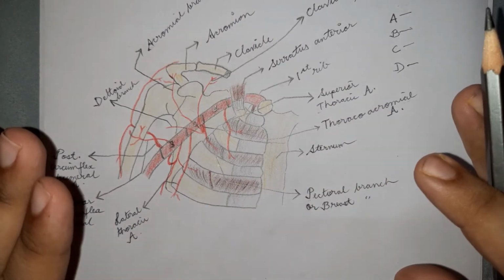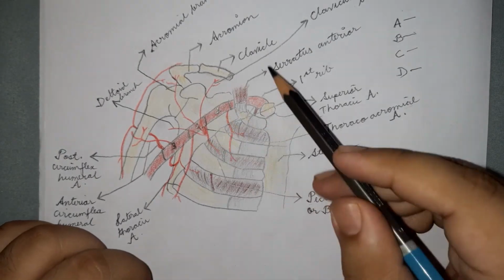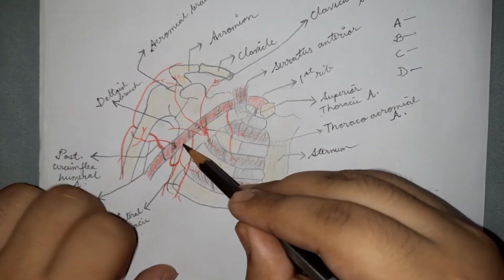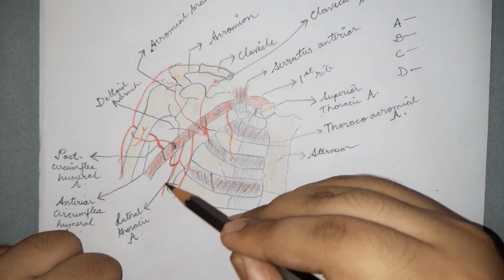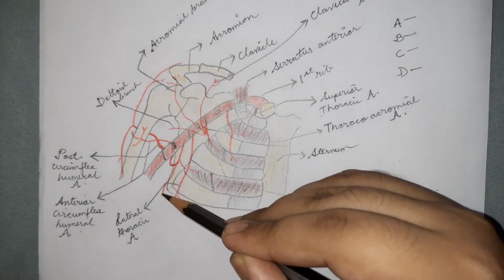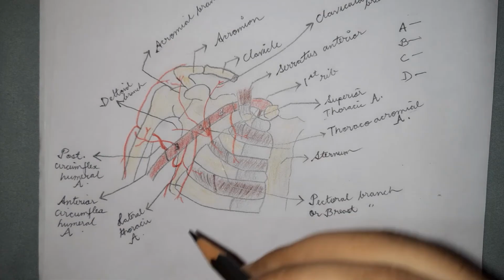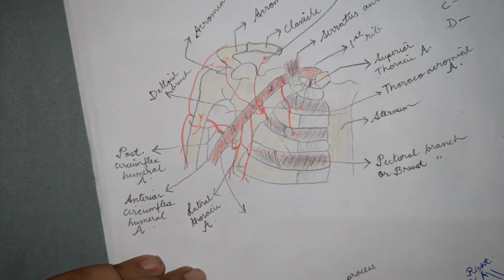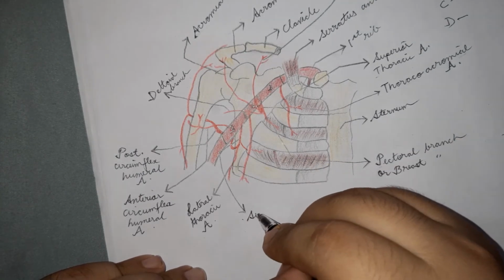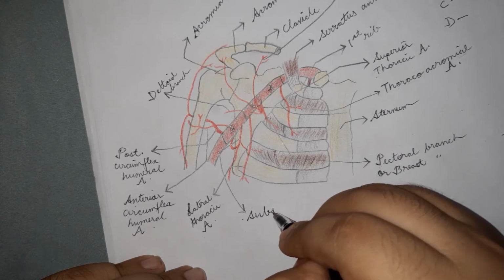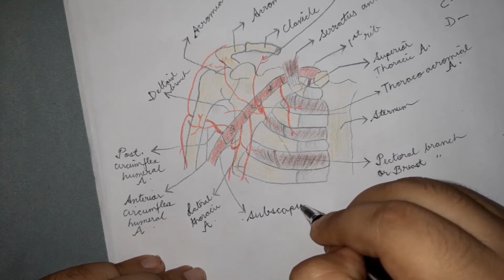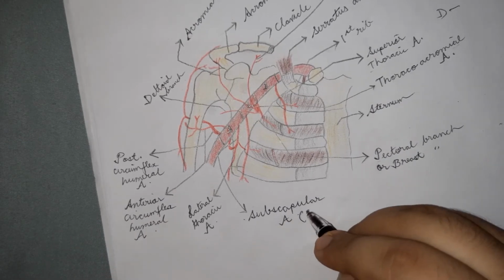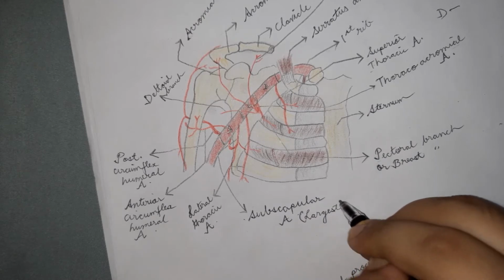The last branch of the entire axillary artery, which is also a branch from the third part, is this one going downwards. This is the largest branch of the axillary artery. This, my friends, is the subscapular artery. Very important information: it is the largest branch of the axillary artery.